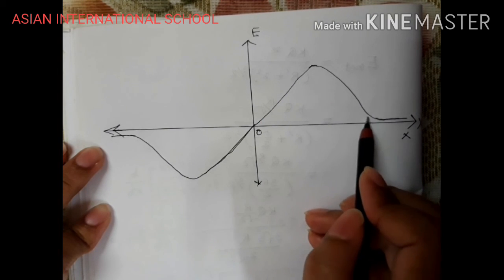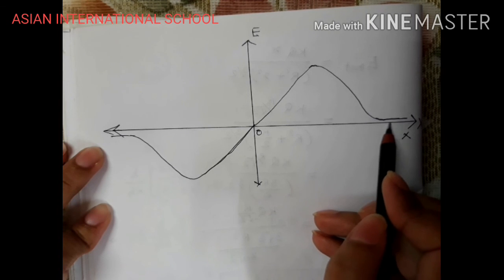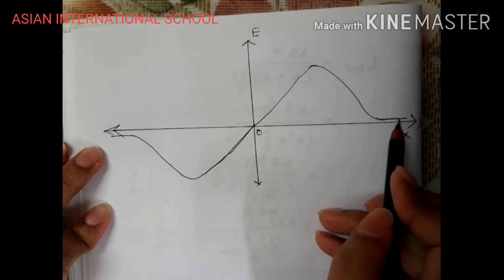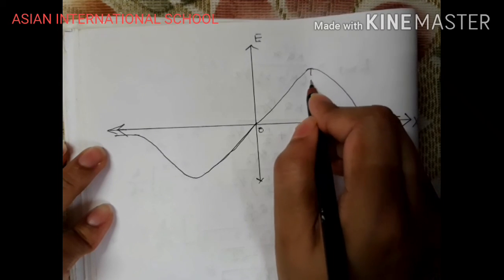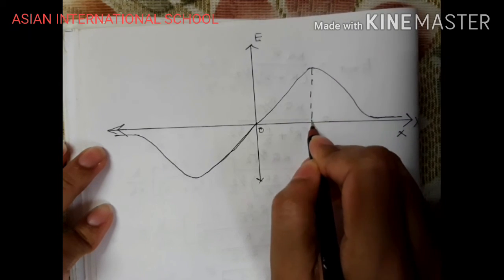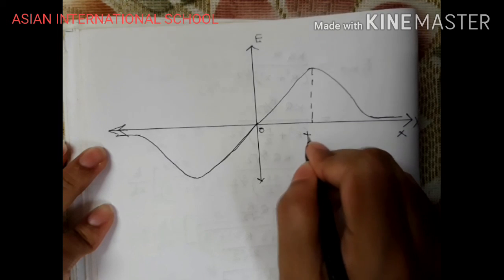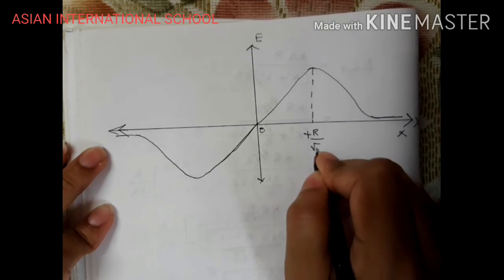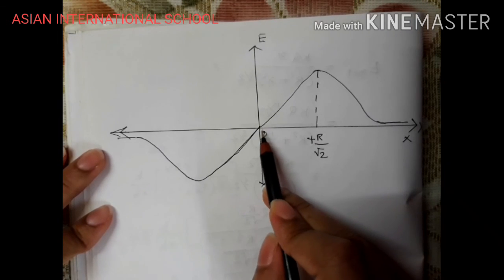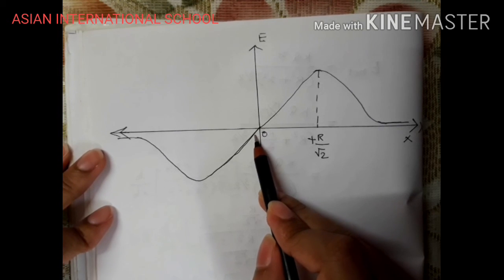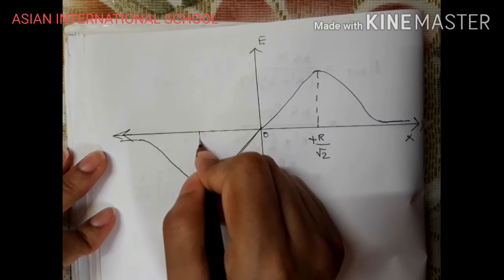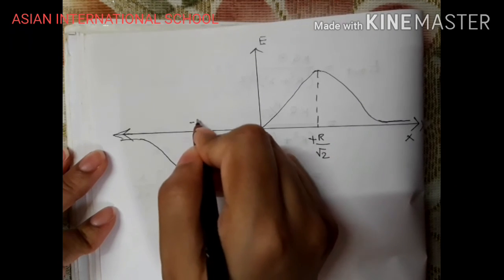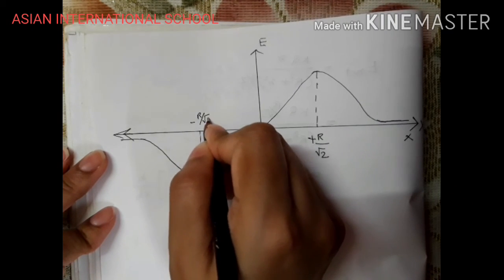So I have made this line parallel to the x-axis, and going to infinity it will meet. Here I will get the maximum electric field at this position, which is plus r by root 2. Then again over here at the center it becomes 0, and at minus r by root 2 I am again getting maximum electric field.